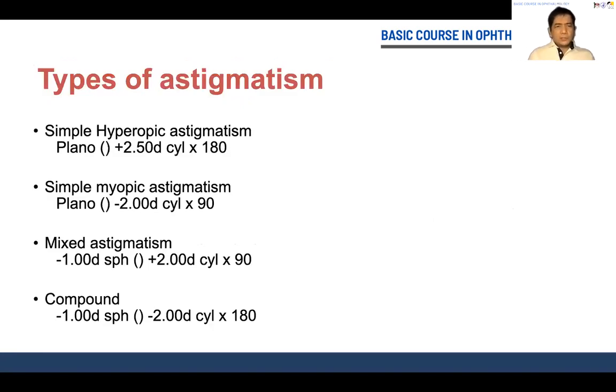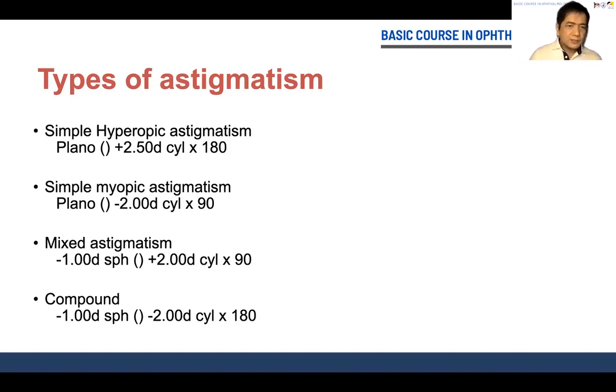Okay, so these are the types of astigmatism. When you say simple hyperopic astigmatism, there is zero spherical component and the astigmatism is on the hyperopia side. So the prescription will give you a plano combined with plus 2.50 diopter cylinder at axis 180. In simple myopic astigmatism, there is no spherical component or no correction for a sphere, but there is a minus cylindrical correction or minus astigmatism.